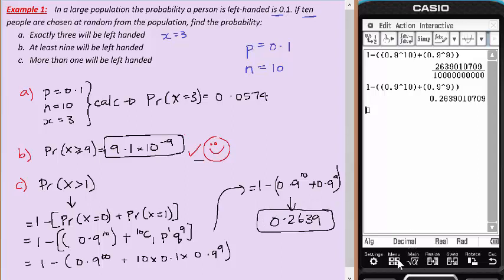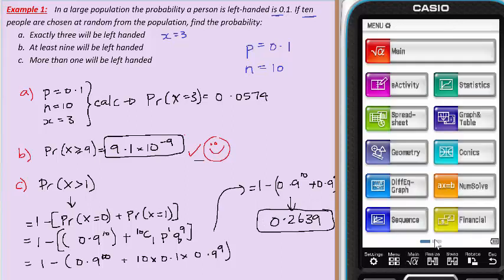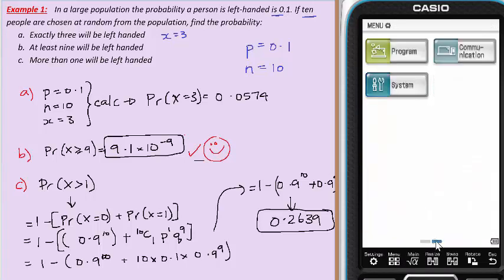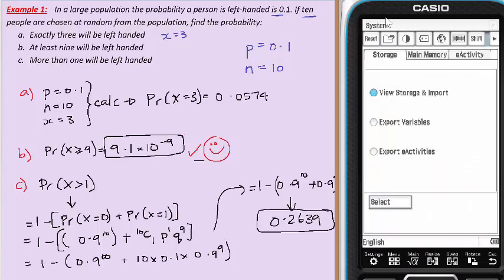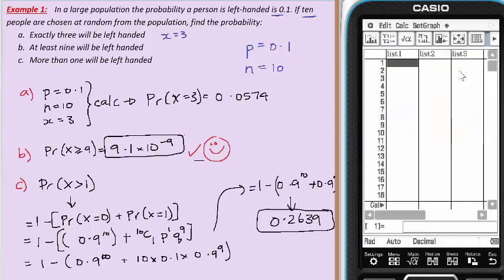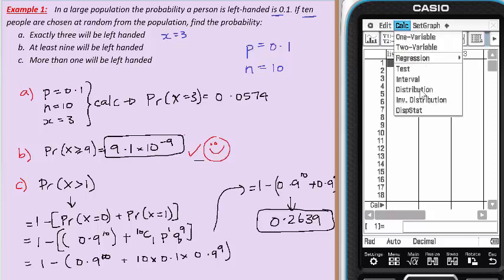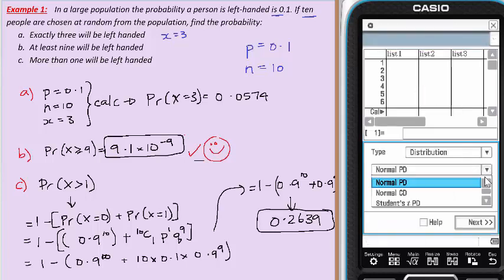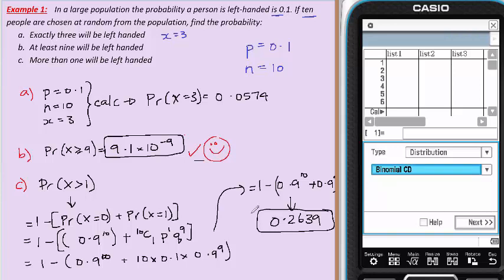Now let's double check our answer by using the calculator for the whole calculation. Let's go to the menu and let's go back to statistics and calc and distribution. We're going to use our binomial distribution. And what we'll do is we'll say this is cumulative.